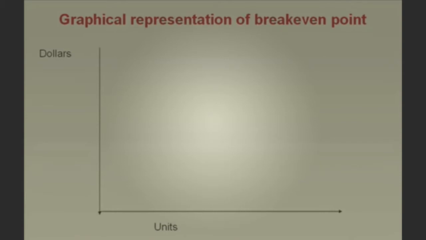How would the sales revenue line look like? It would look like this. When you sell 0 units, your sales revenue is 0. And as you sell more units, it goes up in proportion.